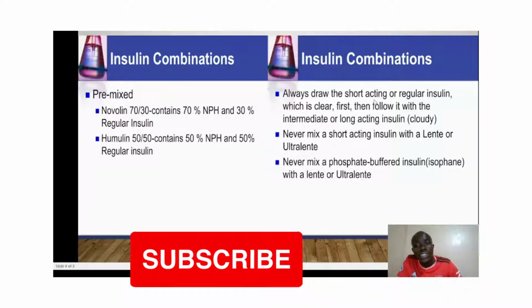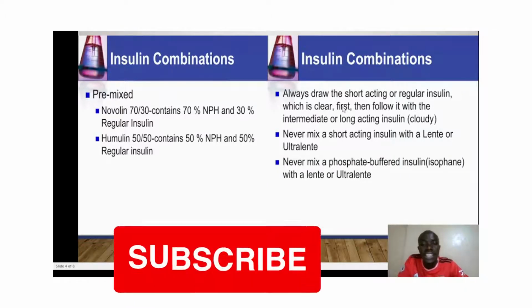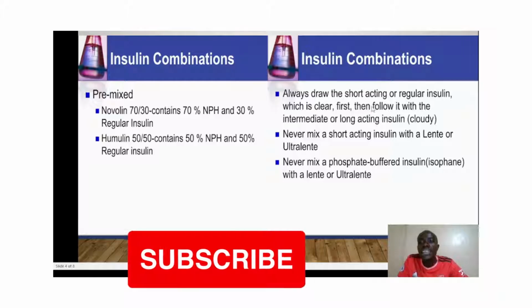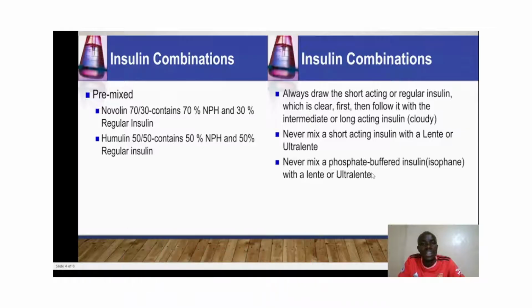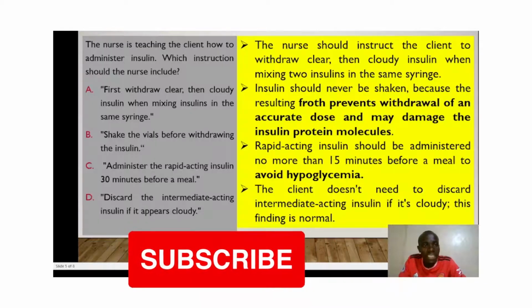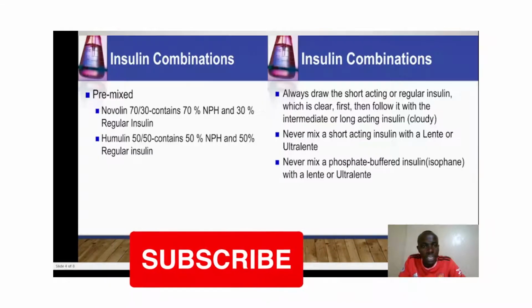You should draw the short acting or the regular insulin, which is clear, first, then follow it with intermediate. Okay, so never mix a short acting with a long acting. Never mix a phosphate buffered insulin, that is isophane, with lente. So those are the major things that we are supposed to be doing.